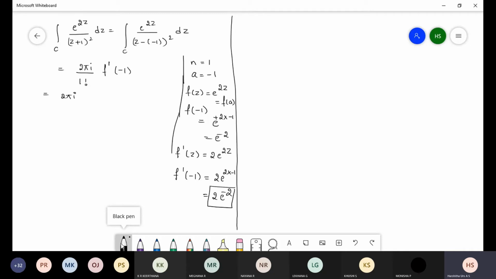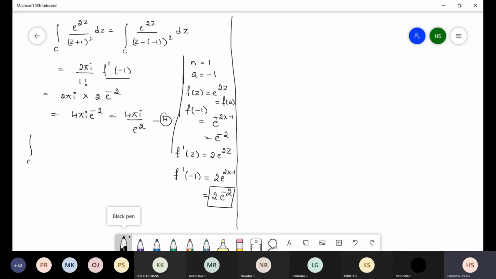This f dash of minus 1 we have to substitute here. So 2 times 2 is 4 pi I e power minus 2, that is 4 pi I divided by e power 2. We call this equation 4.